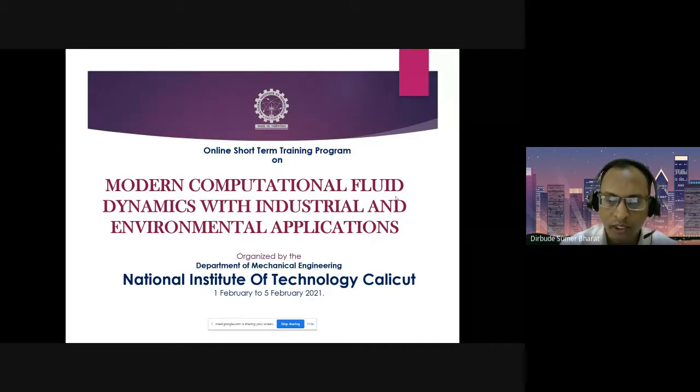I hope that this short-term training program will be successful in providing its intended purpose, and that the participants coming from all over India will find this training greatly helpful.